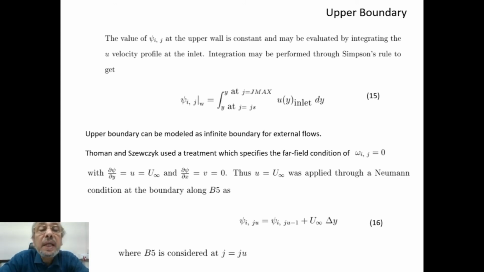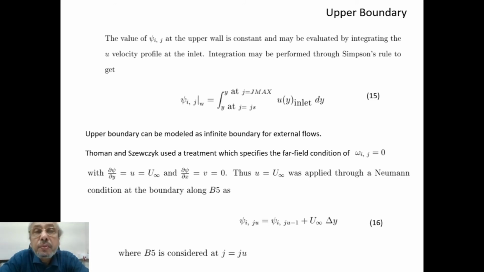The value of psi_ij at the upper wall is again constant. Throughout the wall it will be the same, and may be evaluated by integrating the u velocity profile at the inlet. This is from u equal to del psi by del y.